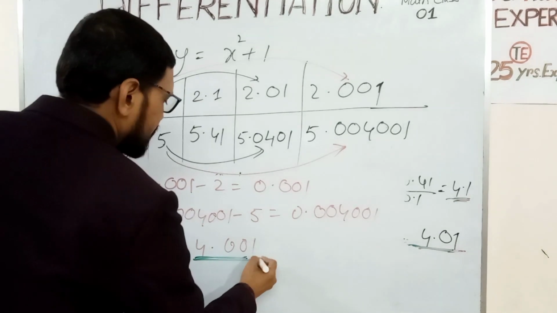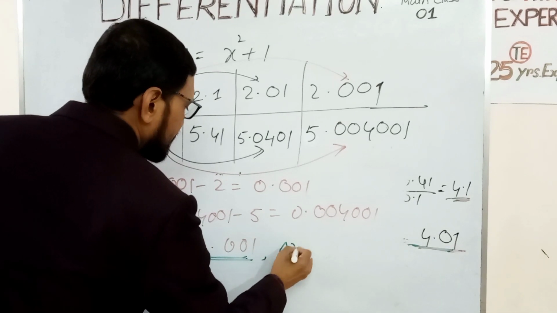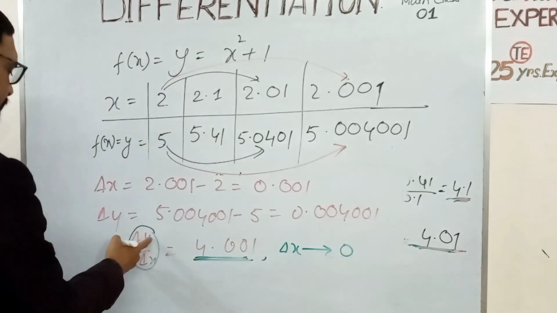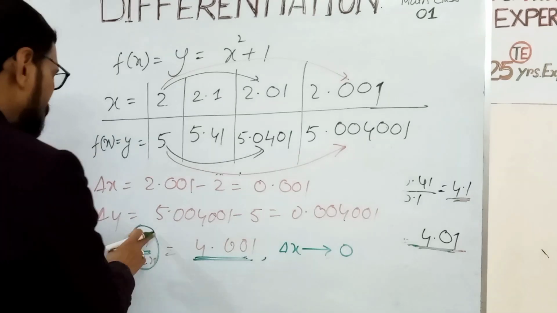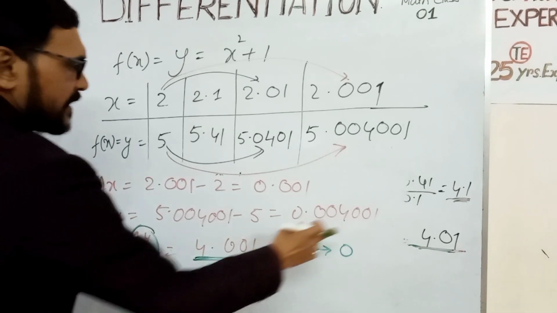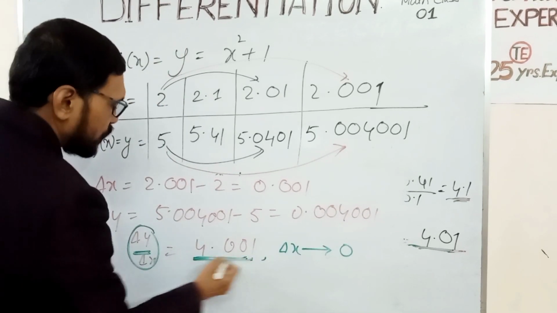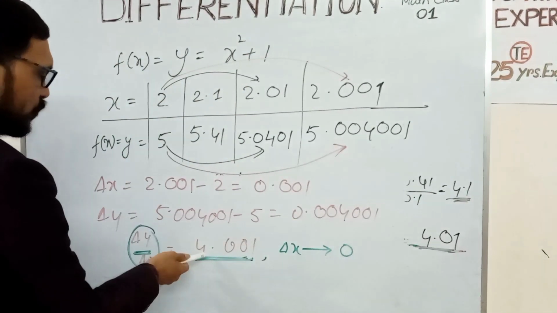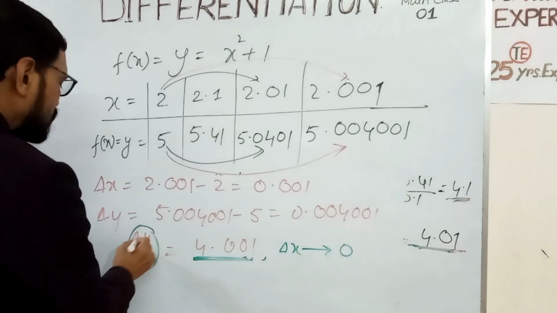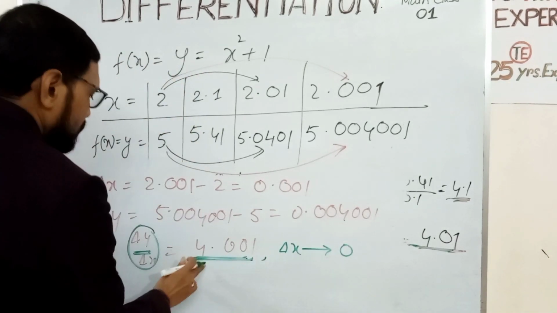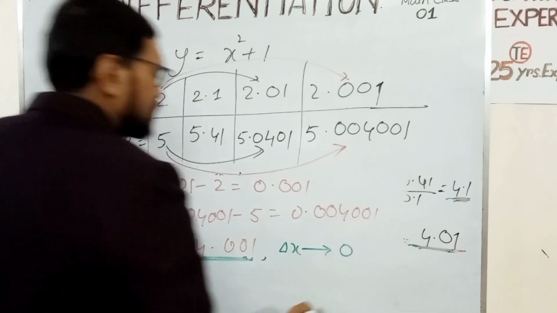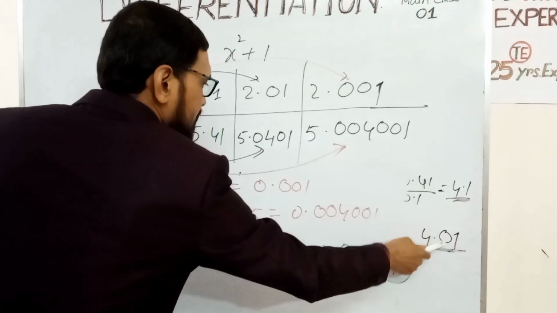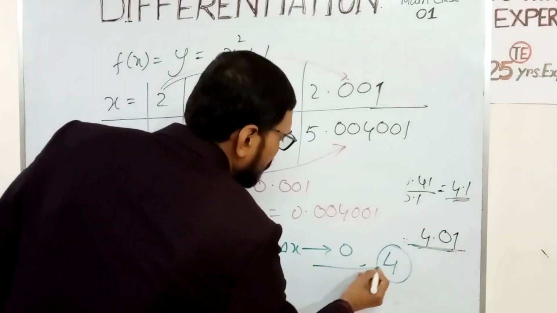That is, if delta x, the increment of x, tends to 0, then the ratio delta y by delta x tends to a finite value, 4. First 4.1, 4.01, then 4.001. So the ratio delta y by delta x tends to a finite value, and this finite value is 4.